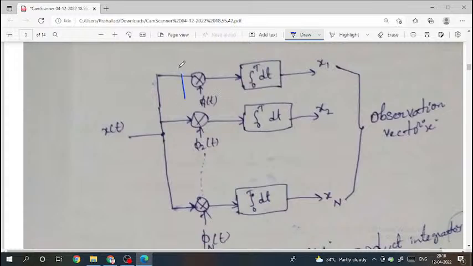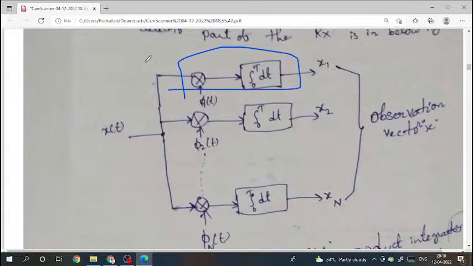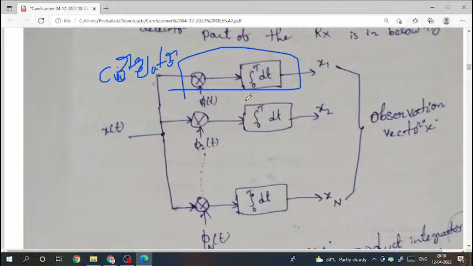The product modulator and integrator combined we call a correlator.